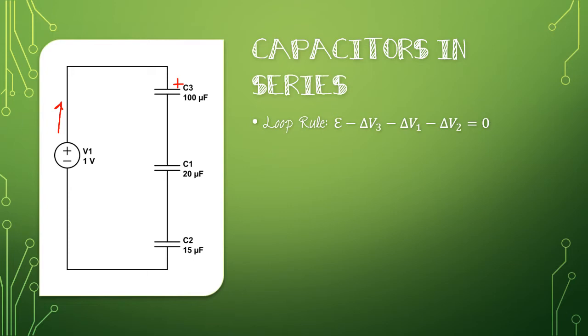So the top plate of this capacitor would be positive, and that would then repel positive charges off of this bottom plate, and so this bottom plate would become negative. Those positive charges that were repelled off of this bottom plate would then be stuck on this plate, so this plate would become positive, and this bottom one would become negative, and likewise with this bottom capacitor here.